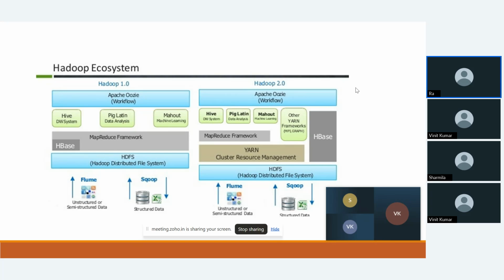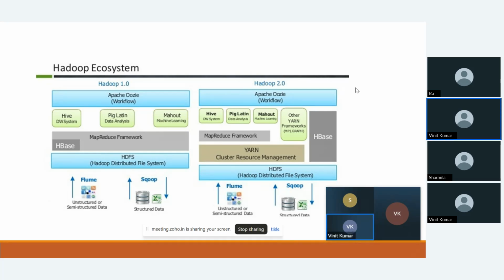So this is how Hadoop 1.0 used to work, right? Any questions on 1.0? Because if you understand 1.0, there is just one difference between 1.0 and 2.0, along with some new frameworks.